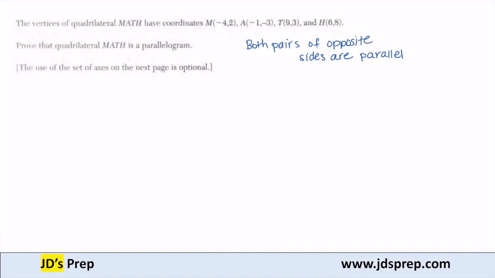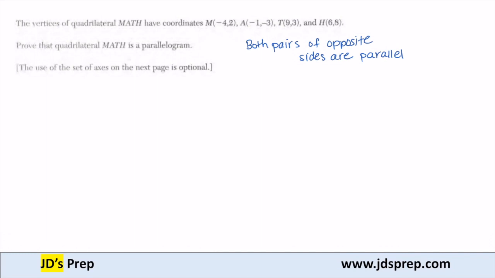So, MATH, right? We need to prove, again, that both pairs of opposite sides are parallel. So we need to find the slopes, right? And what we know about slopes, if they're parallel, then the slopes are the same, right? So let's find our pairs.